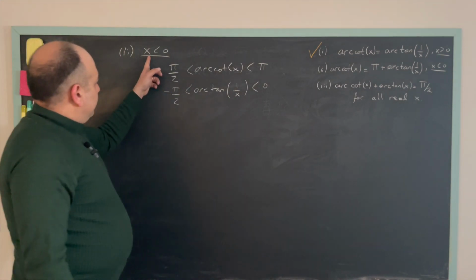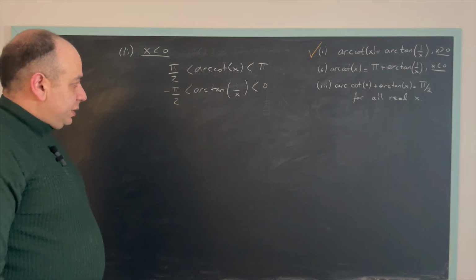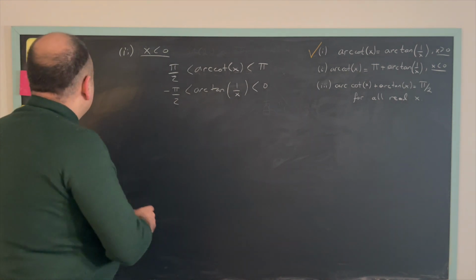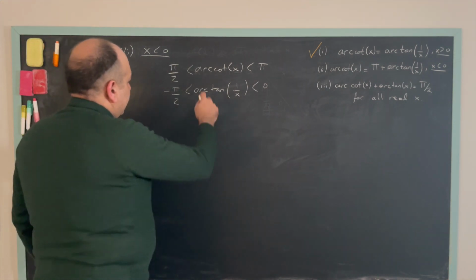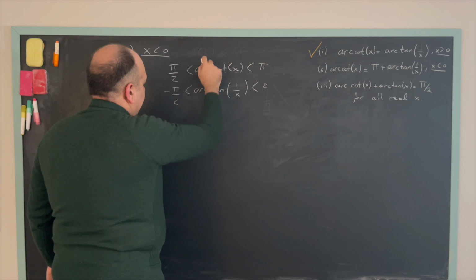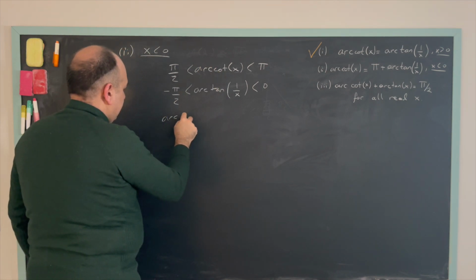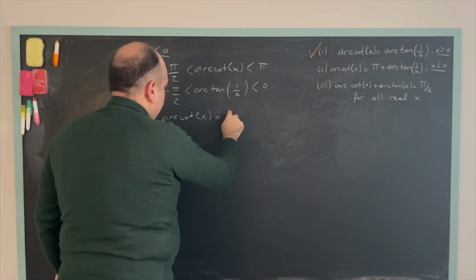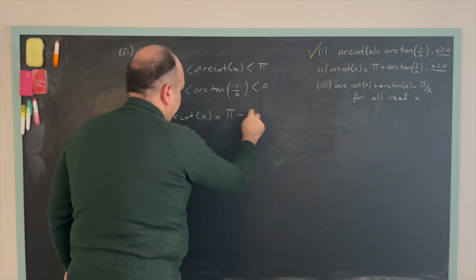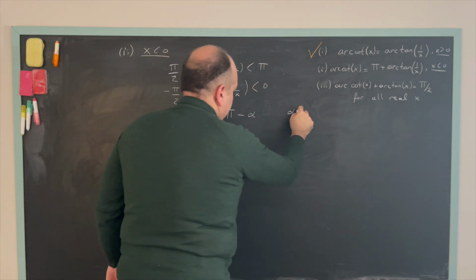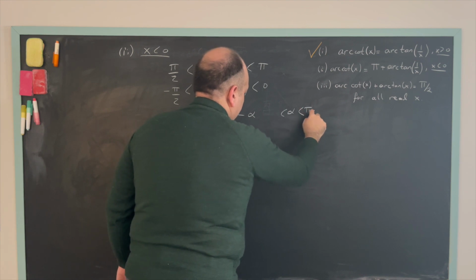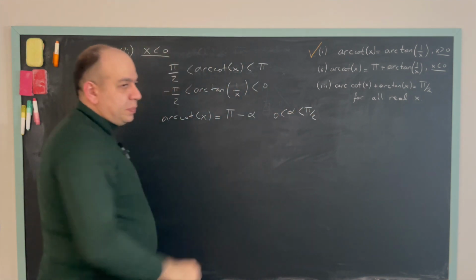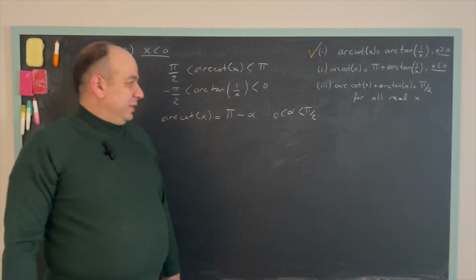So we assumed x is less than 0 here. At this point, what I can say is arccotangent x can be an angle like pi minus alpha, where alpha is between 0 and pi over 2. It's an acute angle.